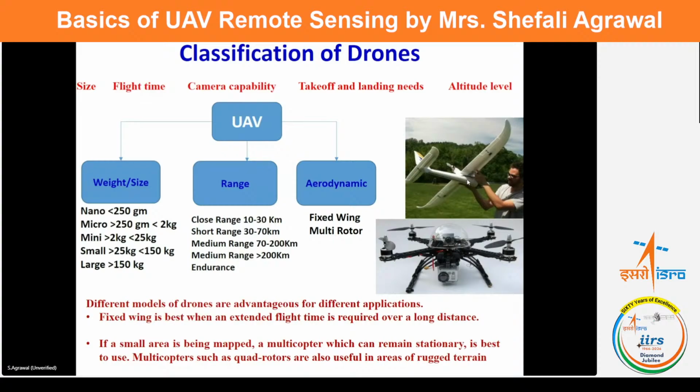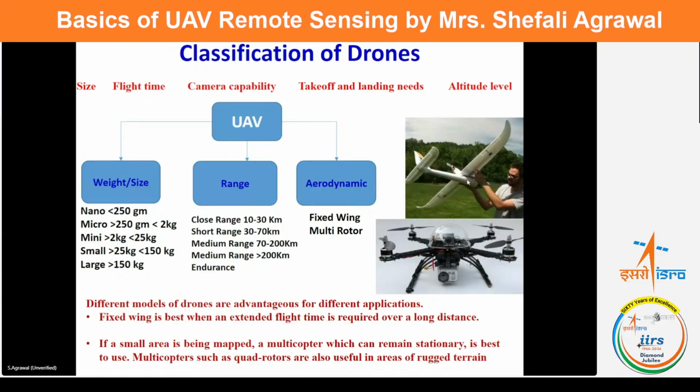So they have that advantage, and also these rotary wings can stay stationary at a point, whereas a fixed wing cannot be kept stationary at a point. So if you want to monitor a point, rotary wings can stay stationary. They can also be tilted.